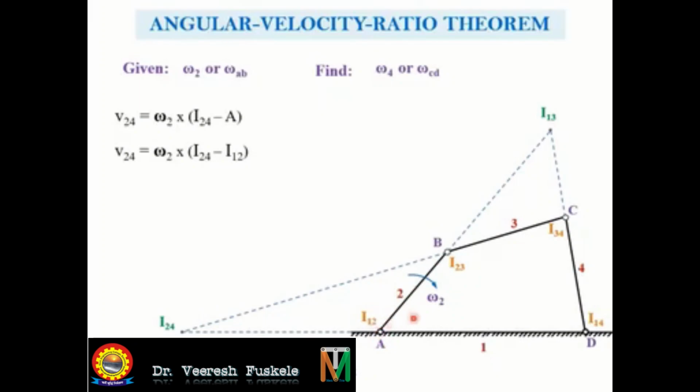Now let us consider the same point I24 as a point on body 4. Then we must get the same velocity. So we can write V24 is equal to omega 4 into I24 minus D or I14, because the link 4 is rotating about point I14 or D. We can further write this as V24 is equal to omega 4 into I24 minus I14, the center of rotation of link 4.